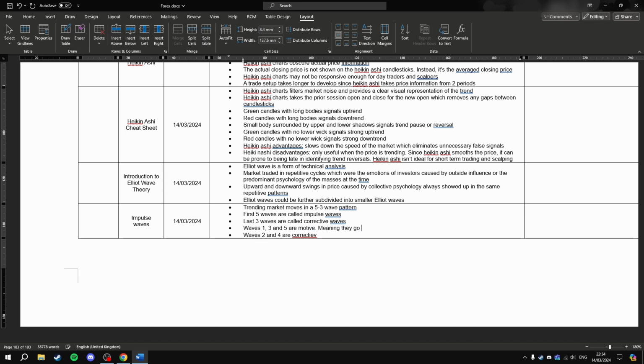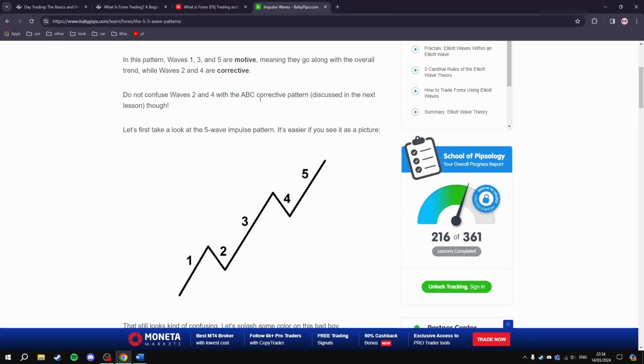Do not confuse waves 2 and 4 with the ABC corrective pattern discussed in the next lesson though.